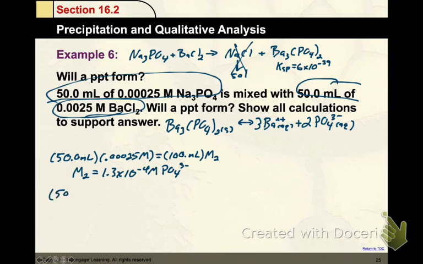So we can say 50.0 milliliters of 0.0025 molar equals 100 milliliters at the end times M2. And so M2 for the barium ion is 1.3 times 10 to the minus 3rd.